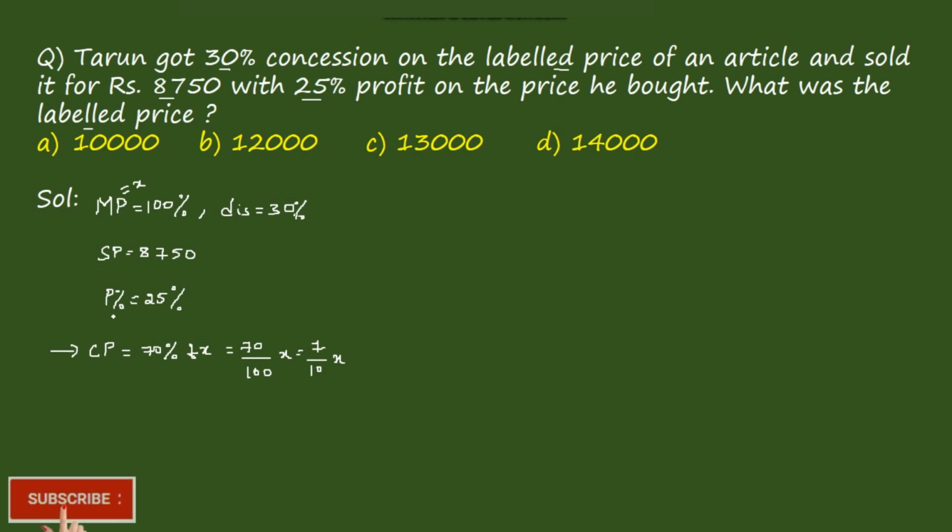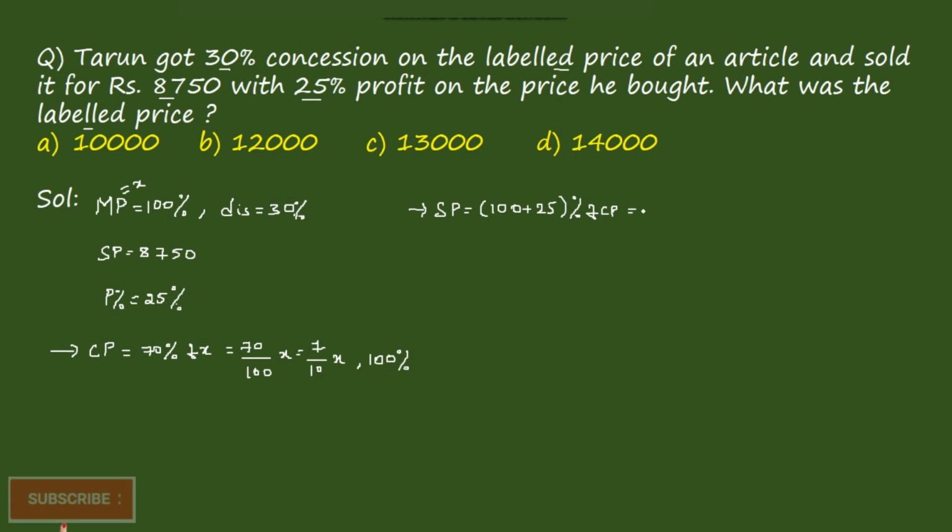Now he would be selling it such that he gets a profit of 25%, right? If you consider this as 100%, in that he got a 25% profit. Then the selling price, we know the formula. Selling price is equal to 100 plus profit 25% of the cost price.